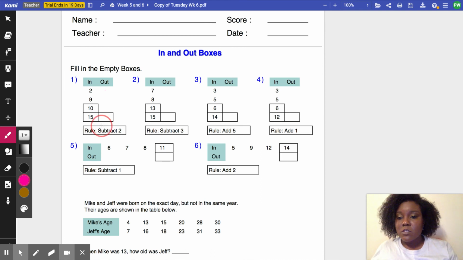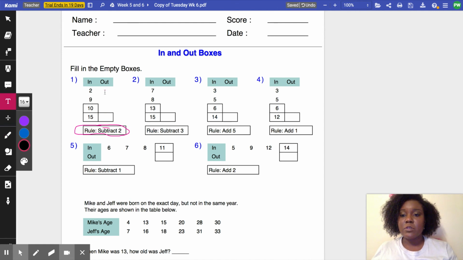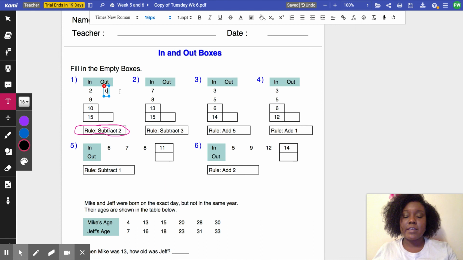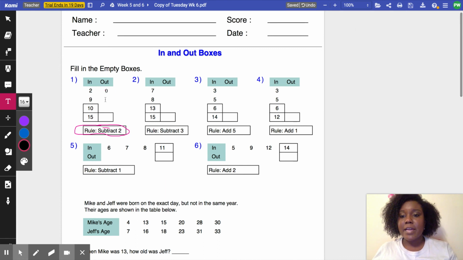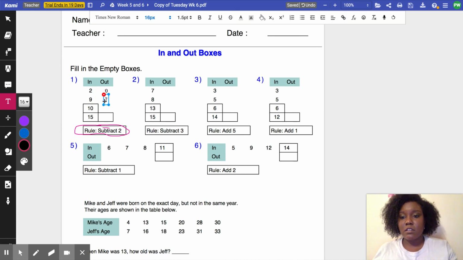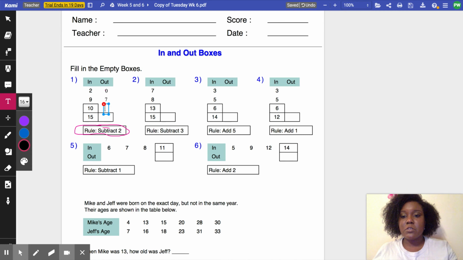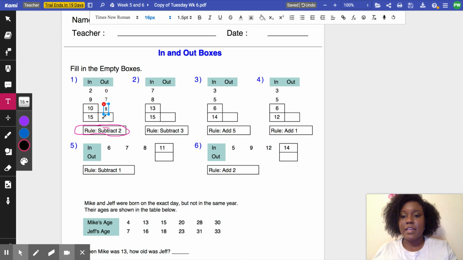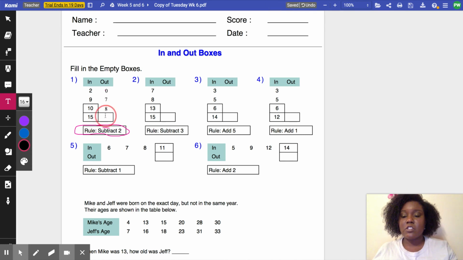So on this first one, the rule is subtract 2. So it's -2. So when you have your input number, you're going to take away 2. So 2 minus 2 is 0. 9 minus 2 is 7. 10 minus 2 is 8. And 15 minus 2 is 13.